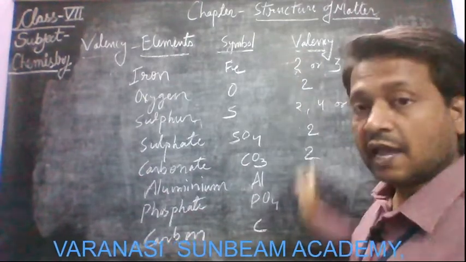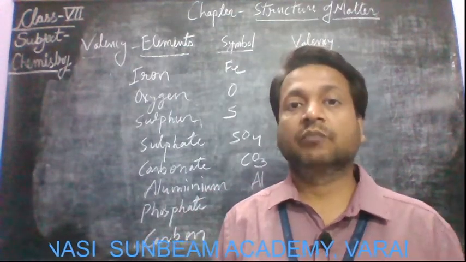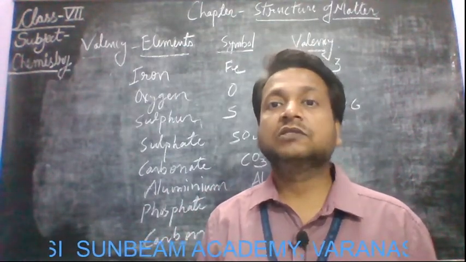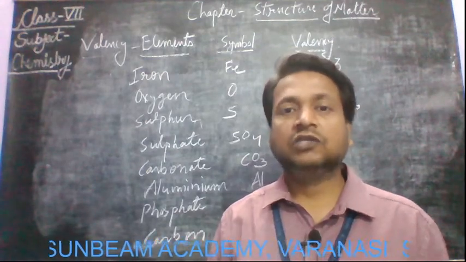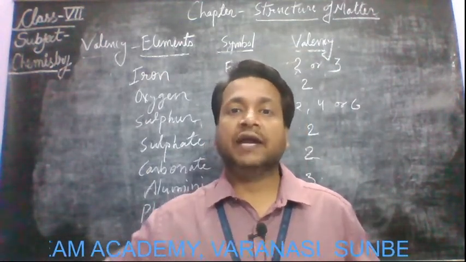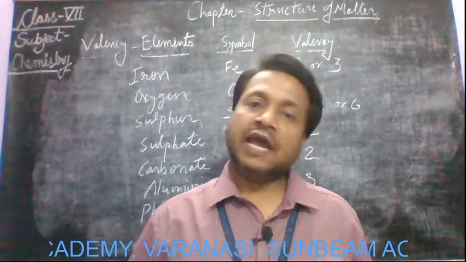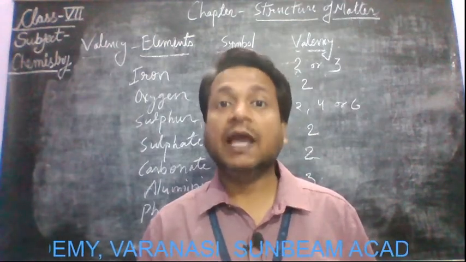So all these capacities of an element to join with other elements are termed as their valency. Children, just understand it like this: as we have two hands, we can carry two things at a time. That is our capacity.